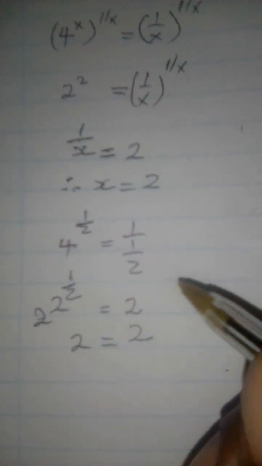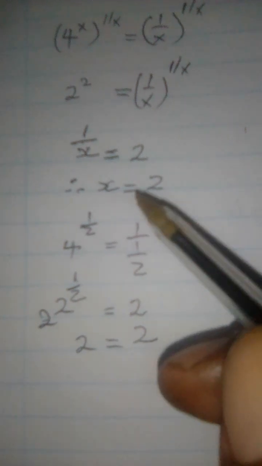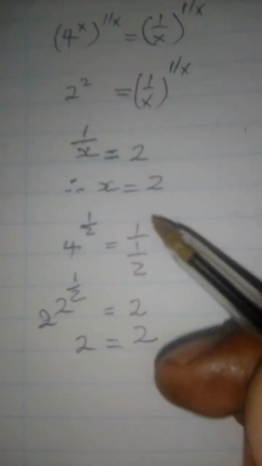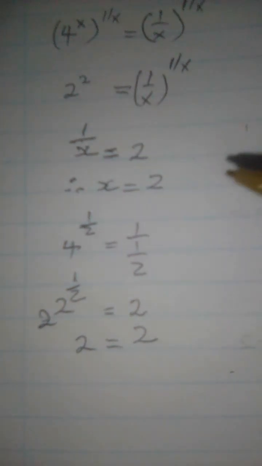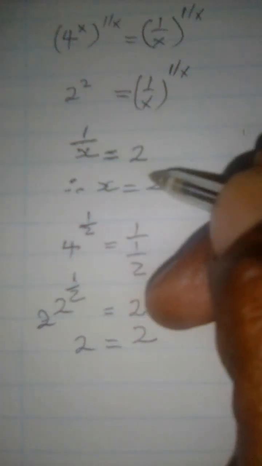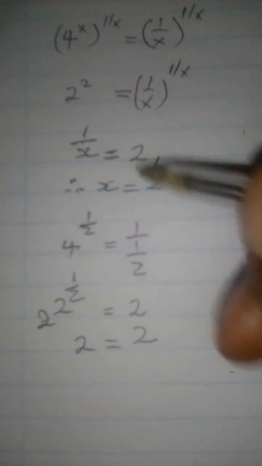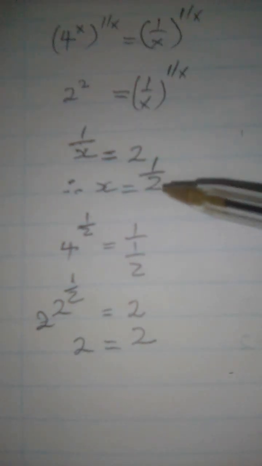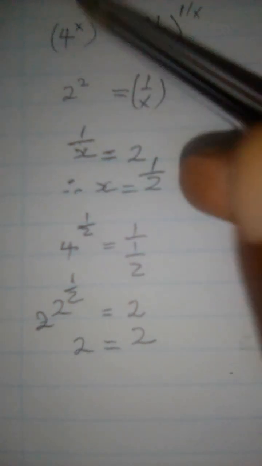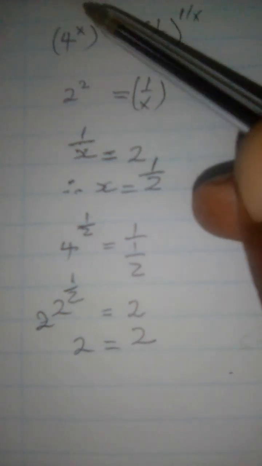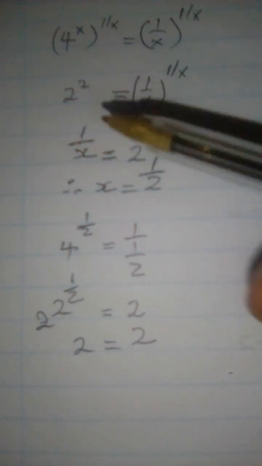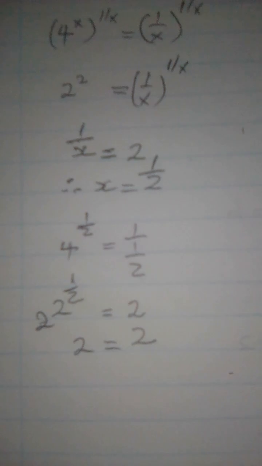So that proves that indeed x equal to half is the solution for this problem, because we substituted back x equal to half into 4 raised to x, and then we got that solution.